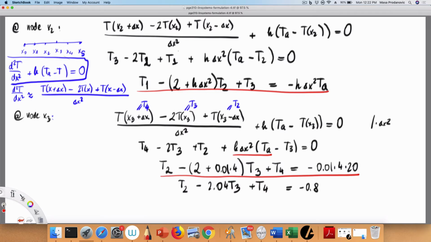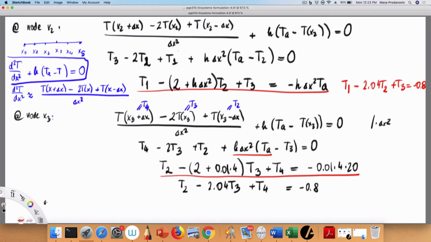So this one up here is T1 minus 2.04 T2 plus T3 equals minus 0.8. And if I had more of these internal ones, they would all look the same. They would just shift through. The only difference is the boundaries, the ones that are interacting with boundary conditions, such as the one at node x3.